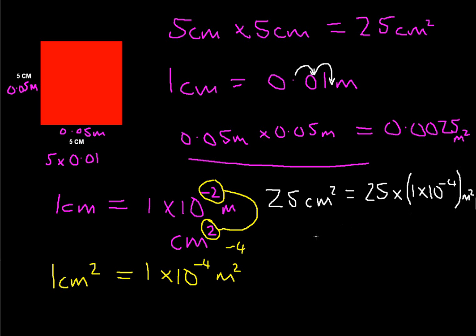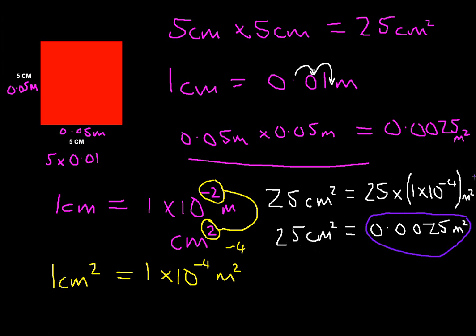At this point, plop it in your calculator and check I'm doing it right, because I'm doing it off the top of my head and I could be completely utterly wrong. So we know that 25 centimetres squared is equal to 0.0025 metres squared. Let's check that out here. 0.0025 metres squared. So hopefully now you can see where we're going with this.